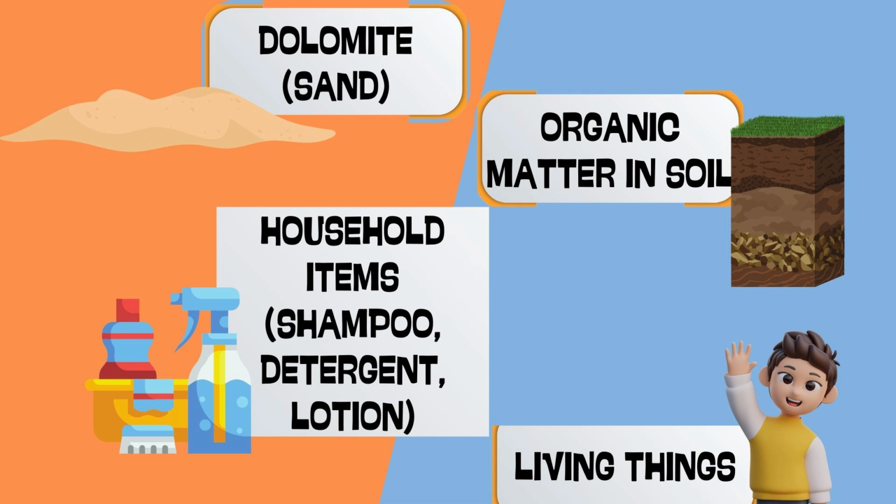And of course, living organisms, including us humans, are made up of carbon. In fact, about 18% of our body weight is made up of carbon. This carbon comes from the food we consume, like protein, carbohydrates, and fats, and even from the DNA in our cells.